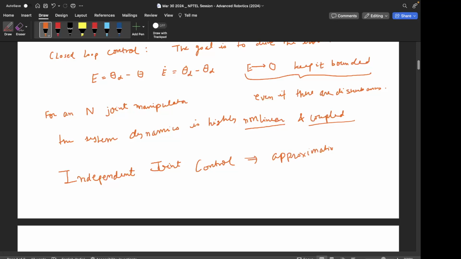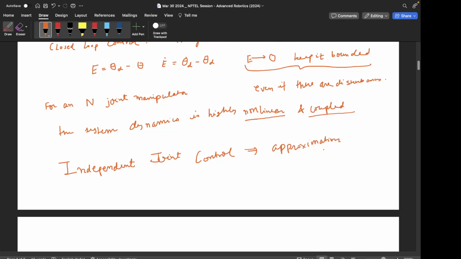because in a manipulator no joint is isolated from the other joints, right? If you apply certain torque to a joint, it affects other joints also. But as a simplification, and for some cases, especially if the manipulator has actuators with high gear ratios, this approximation holds quite well.